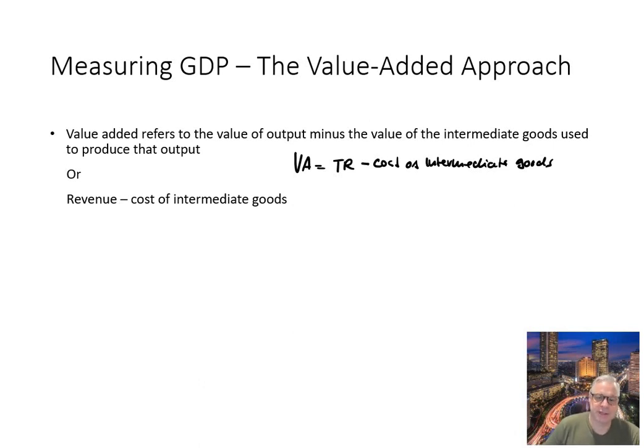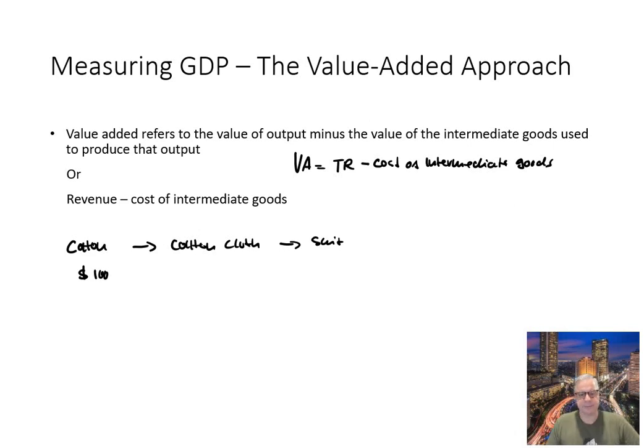Let's consider an example. Let's say we produce cotton and then we convert the cotton into cotton cloth, and finally into a suit. And let's assume that the company that produces the cotton produces cotton which has a value of 100.